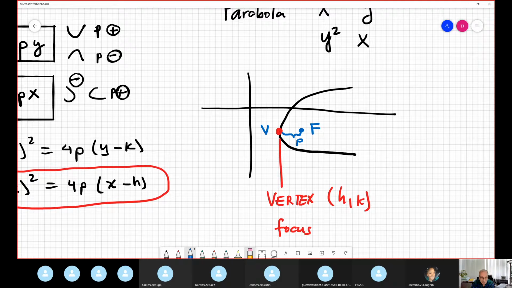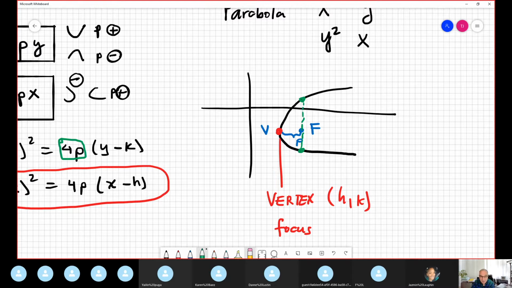However, in the focus part, we have one important segment. This segment is called the focal diameter. And these are the important endpoints of the focal diameter. The total length of the focal diameter specifically is 4p.